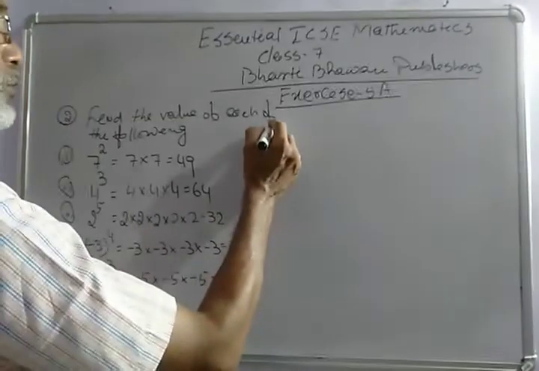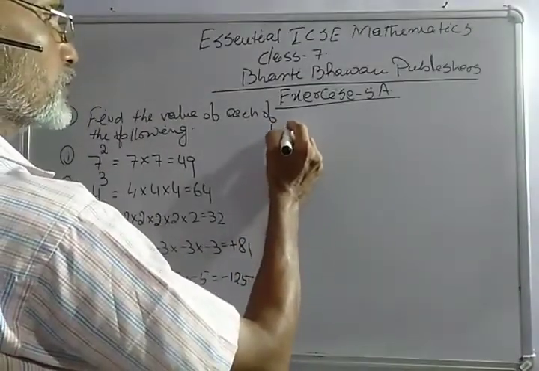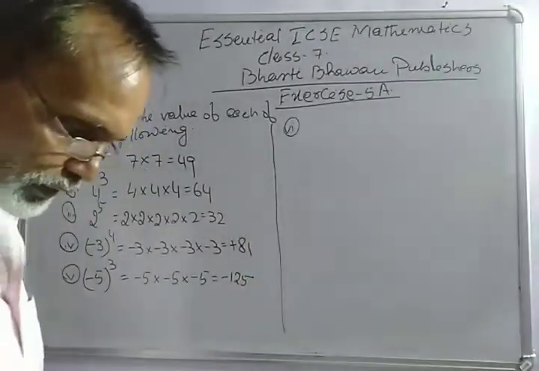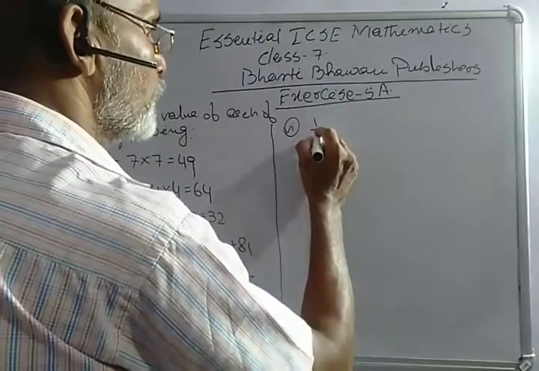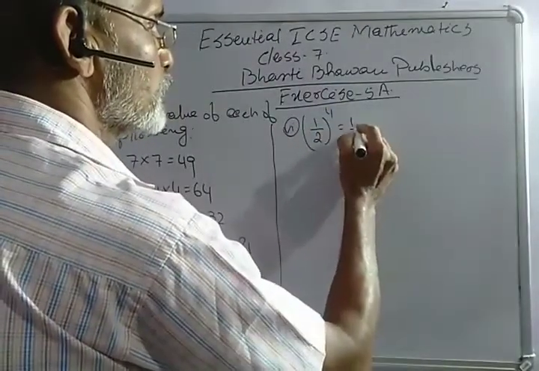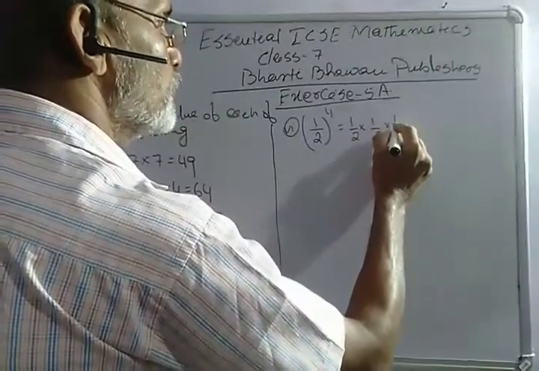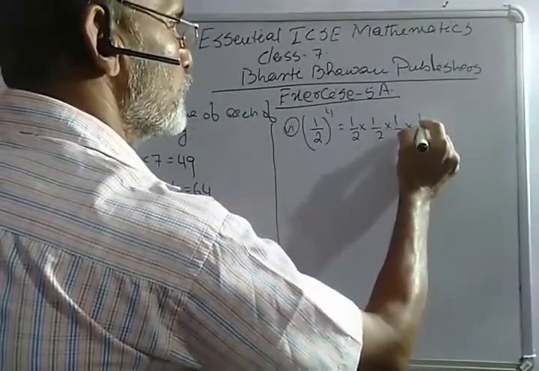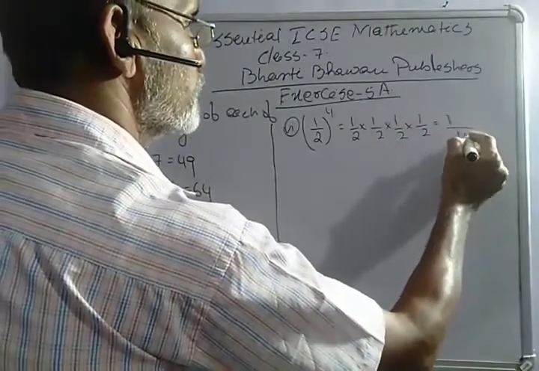Then next one is number 6. Sixth one is 1 by 2 to the power 4. This is equal to 1 by 2 into 1 by 2 into 1 by 2 into 1 by 2. This is equal to 1 by 16.